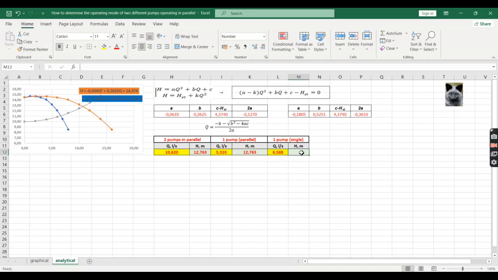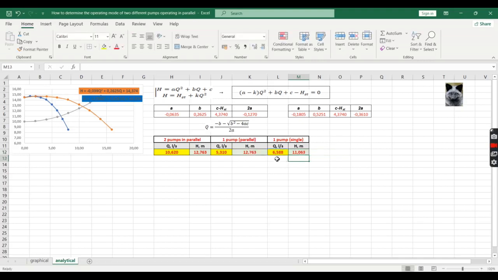So once we know the flow rate, the head will be minus 0.156 multiplied with the flow rate squared plus 0.5251 multiplied once again with the flow rate and plus 14.7374.